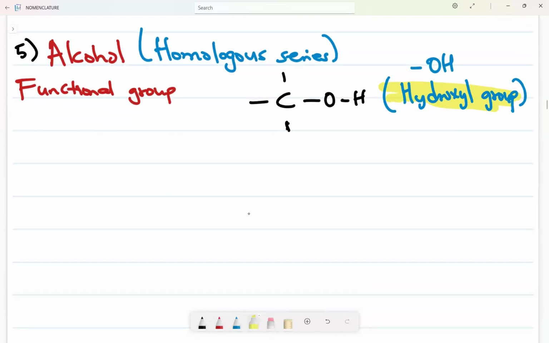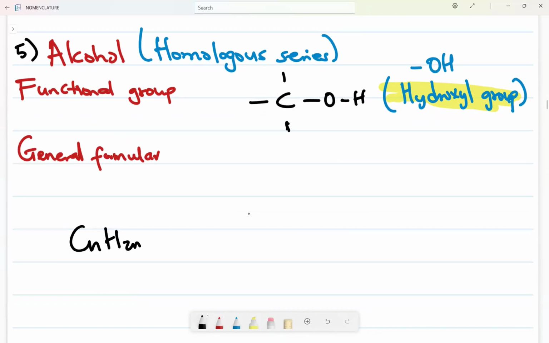Now, what do we know about the general formula of this one? It will be the same as the haloalkane. Remember, in haloalkane, we say it is CnH2n+1, then they added a halogen. But in this case, instead of halogen, they added OH.